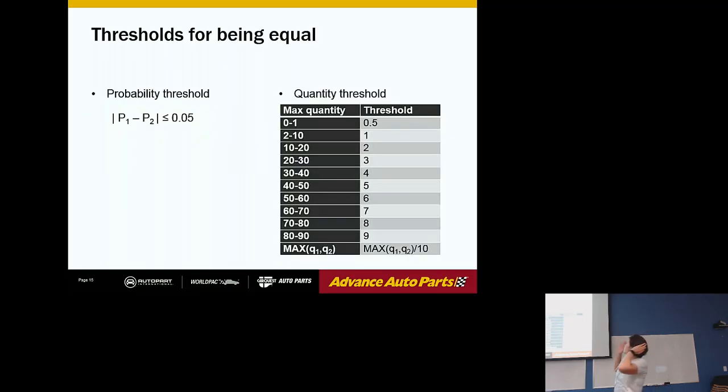And for probabilities, we did a 0.05 threshold, just because that's usually the threshold used for significance. But again, that was just our decision here.